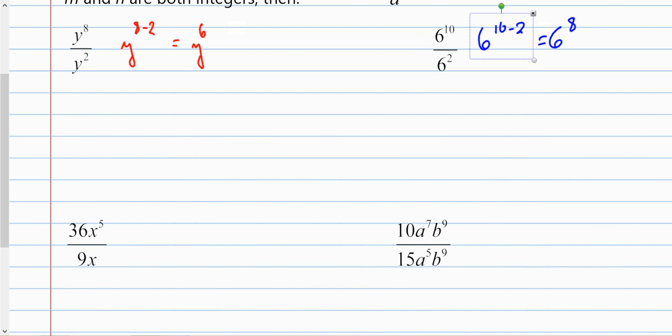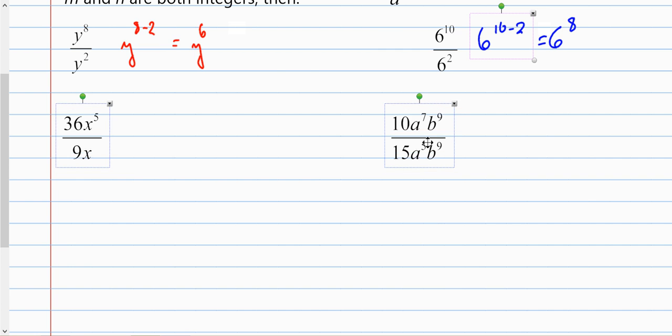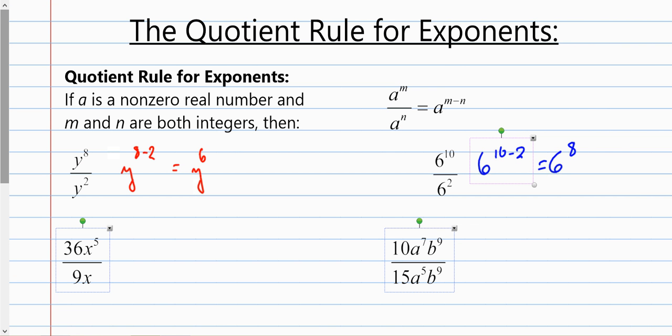So I actually want to move these two up so they're on the same slide. There we go. So just like with multiplying, sometimes it's helpful to break these division problems into smaller pieces. So I'm going to group my numbers together, 36 over 9, and then I have an x to the 5th over x.